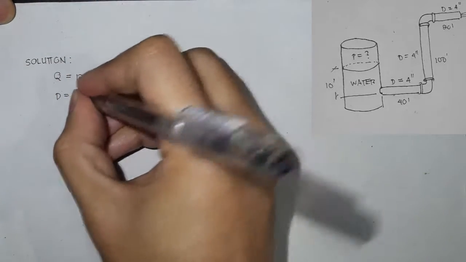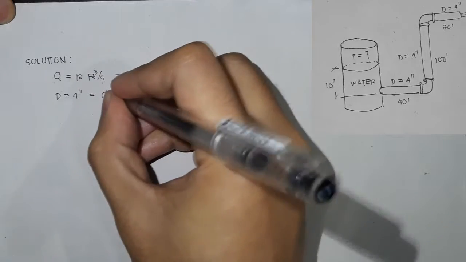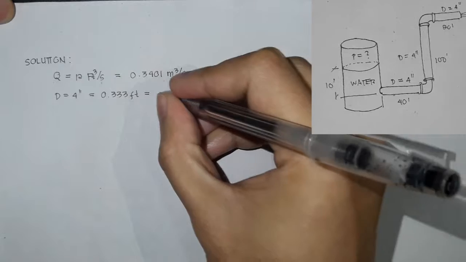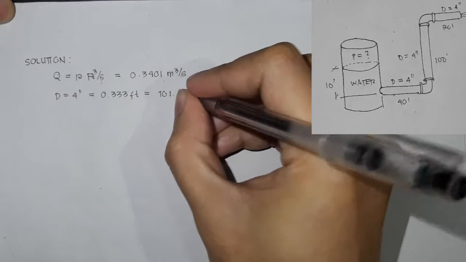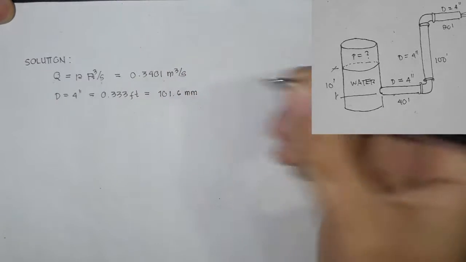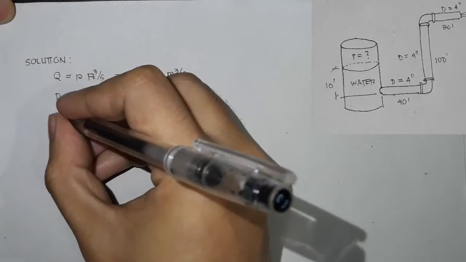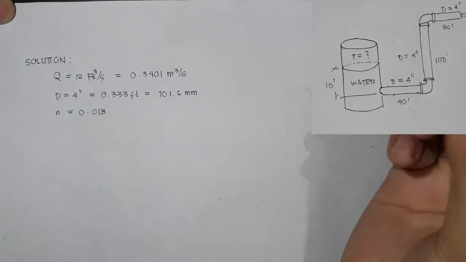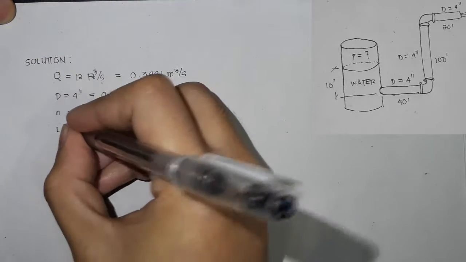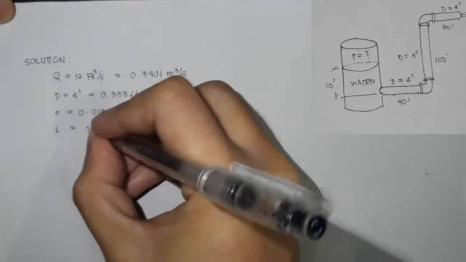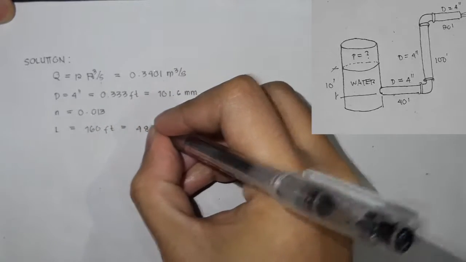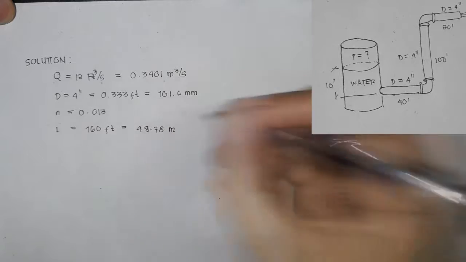The diameter of the pipe, 4 inches, is converted to 0.333 feet, which is also equal to 101.6 millimeters. The friction factor is 0.013, and the length, which is 160 feet, is equal to 48.78 meters.